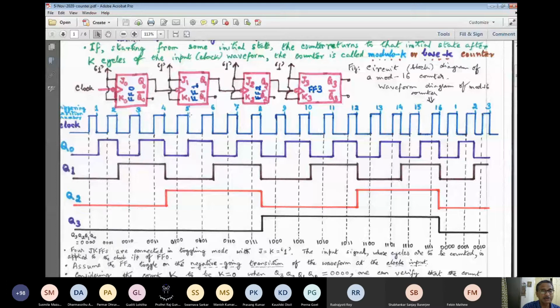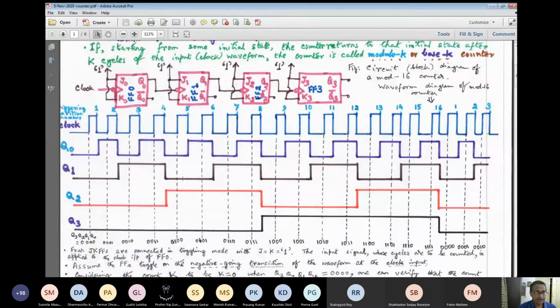Unless you draw the clock reference waveform, drawing of the successive vertical flip-flop outputs does not hold much meaning, because what is the frequency available at individual flip-flops, that will depend on the clock waveform. So first draw the clock waveform, and below that, one by one, you draw the flip-flop output waveform. Is it clear to all of you?